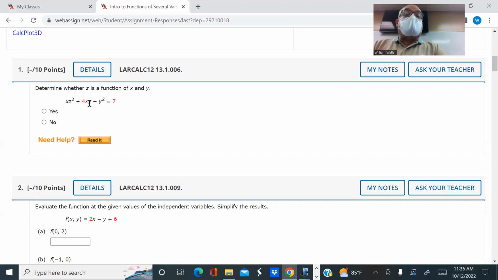If you pick a point x and y, and input it into the equation, and there are two possible associated z values for that choice, that means z is not a function of x and y.